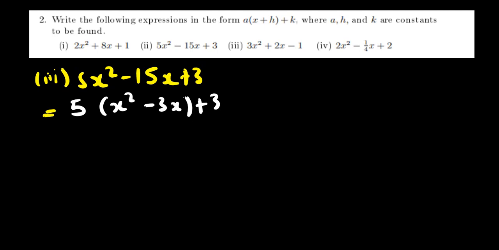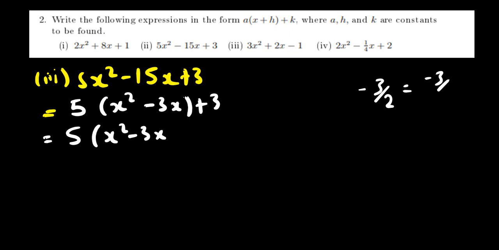So what are we now going to have? We'll have 5, and we'll have our x squared minus 3x, and when we do that, we take half of negative 3, which is negative 3 over 2.